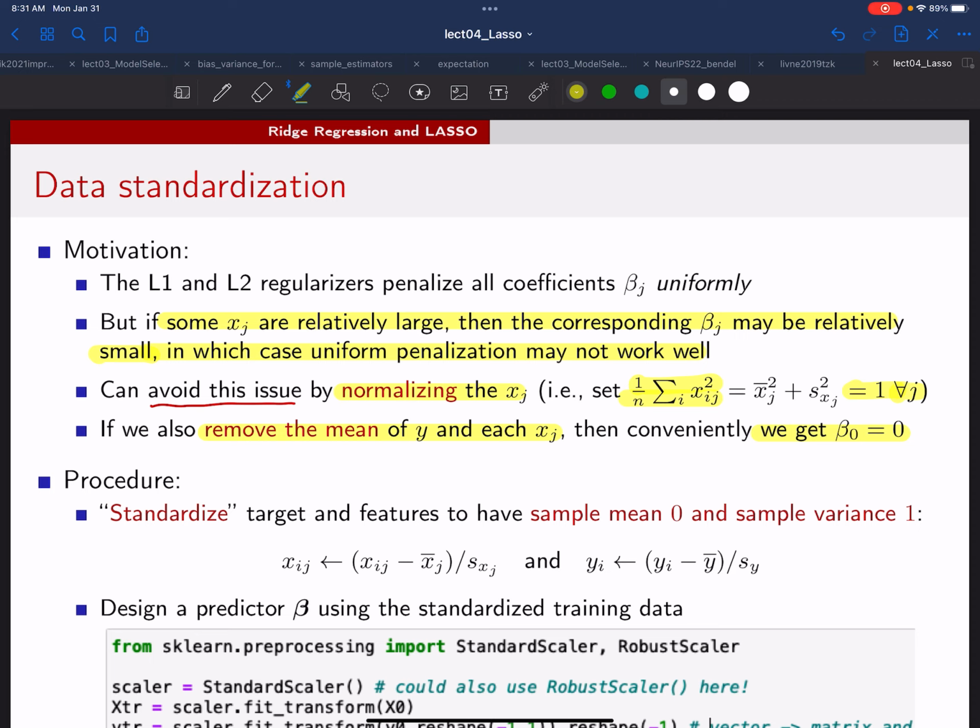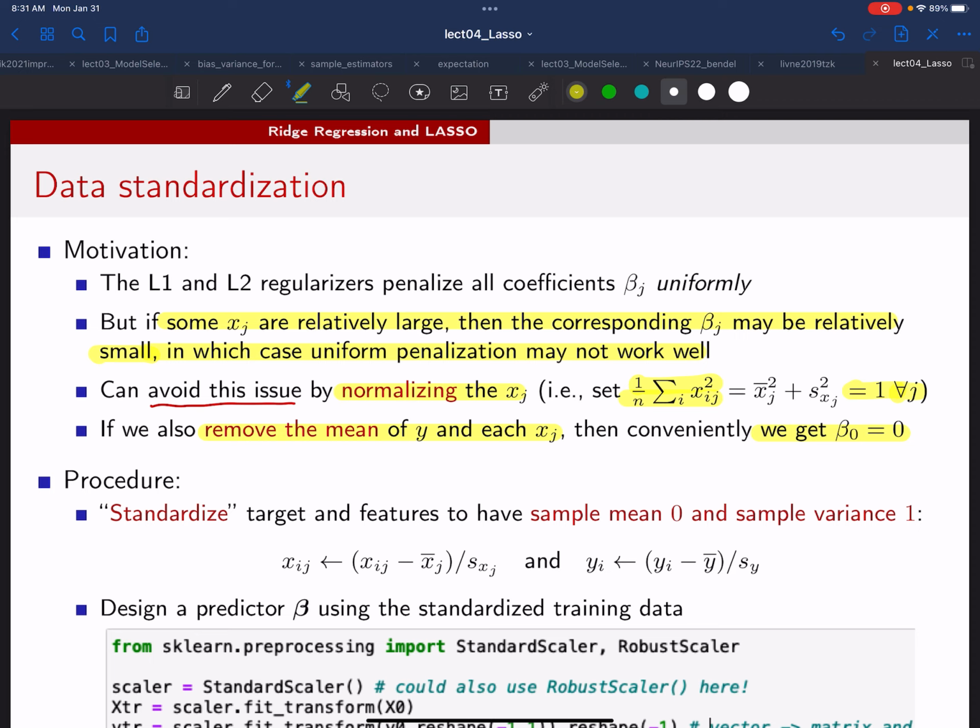This is convenient because now we can just penalize all the remaining coefficients. Also, if you remove the sample mean of xj, then that term goes away and all that's left is the sample variance, so we want to set the sample variance to 1. Those are the two things you do in what we call standardization: you set the sample mean to 0 and the sample variance to 1.